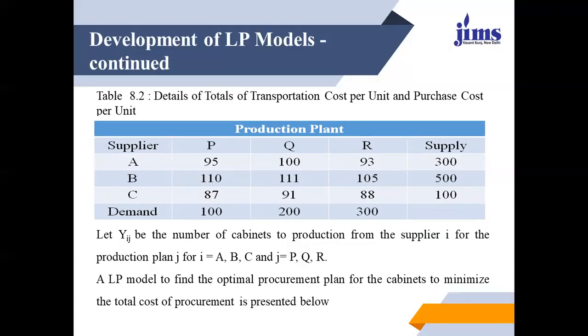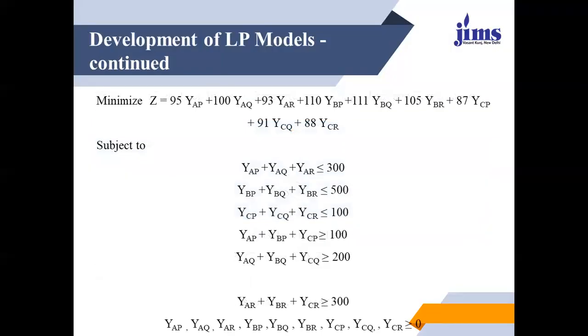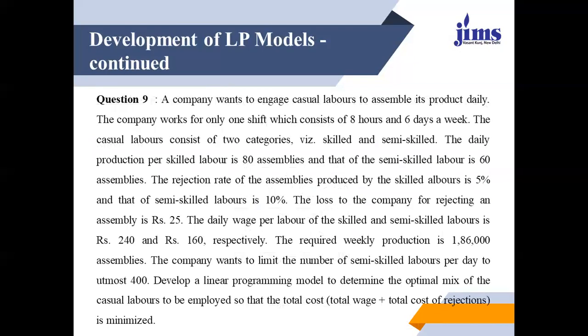YAR plus YBR plus YCR should be less than or equal to 300. And all YAP to YCR should be greater than or equal to 0. This is the linear programming model of the given problem.